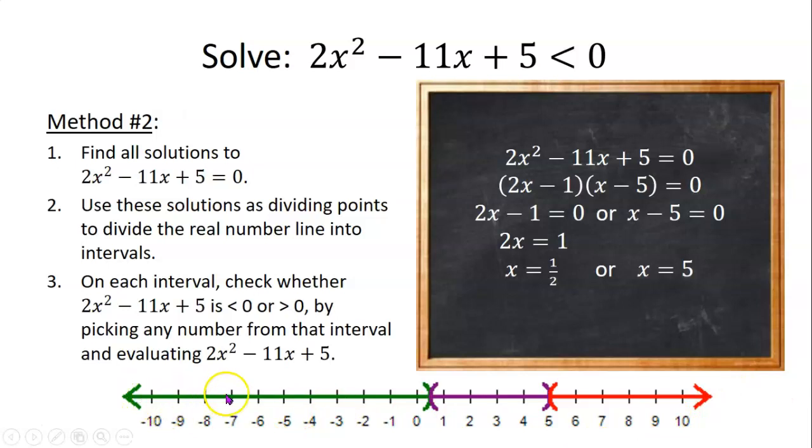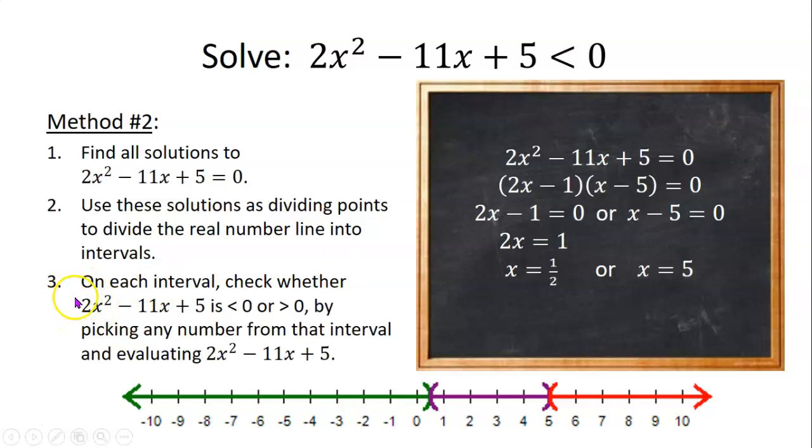So on each one of these intervals, it's going to be either less than 0 that whole time, or greater than 0 that whole time. So we don't have to check the whole interval, we just have to check any one point on the interval. And if it's positive at that point, it's positive for the whole interval. If it's negative at that point, it's negative for the whole interval.